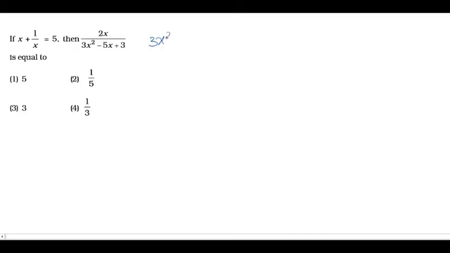3x square minus 5x plus 3 by 2x. So whatever answer we get, we need to reciprocate, don't forget that. So we take 3 by 2 common here. This becomes x, then here minus, so this becomes plus 1 by x.